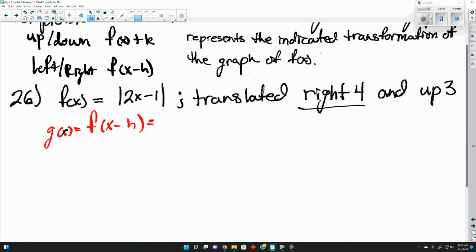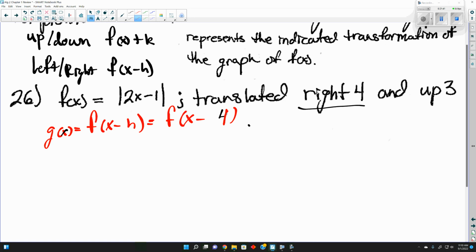Now for us here, h is our movement to the left or right. And its value is what? 4, because it's telling us right 4, yes? Would its sign be positive or negative? Would the 4's value be positive or negative? Positive, because it's moving to the right. So I plug in a positive 4.